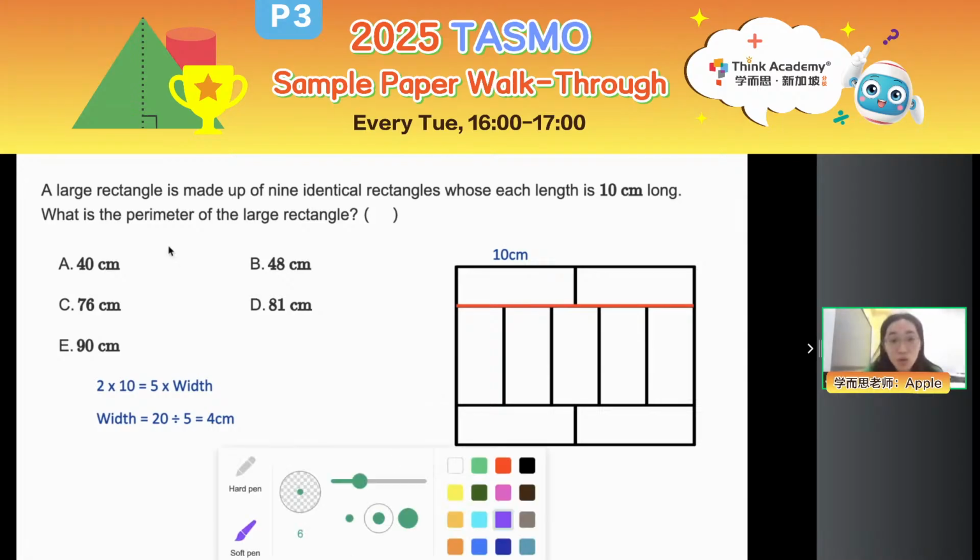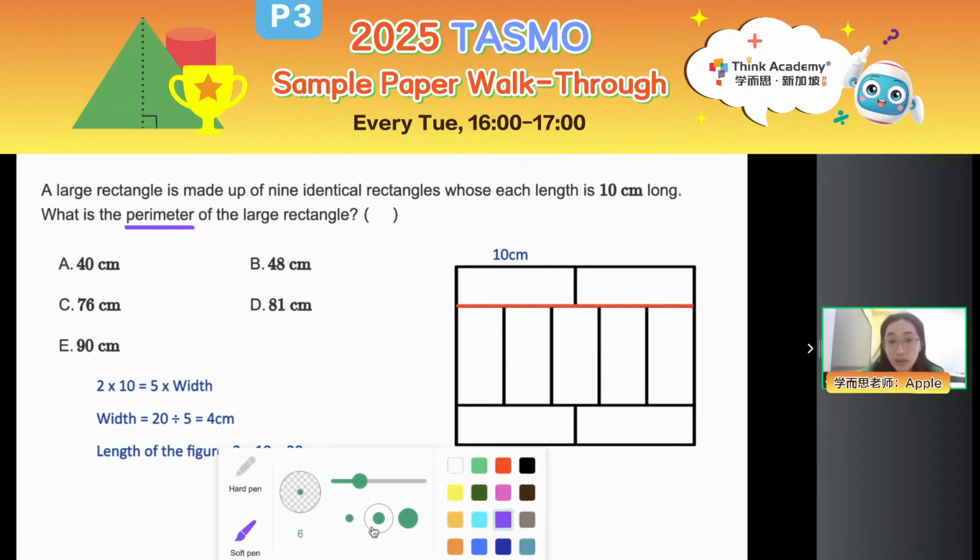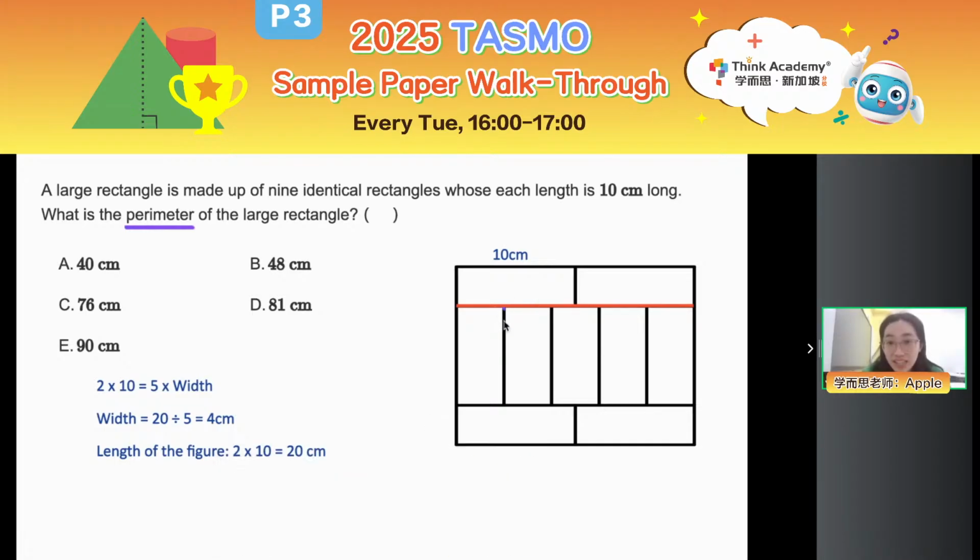Then back to the question, what is perimeter of the large rectangle? Perimeter, that is for the outline. Outline, pay attention everyone, for all these lines in the middle, you can just ignore them, okay? So what is the length of the whole figure? That is just 2 times 10, which is 20 centimeter.